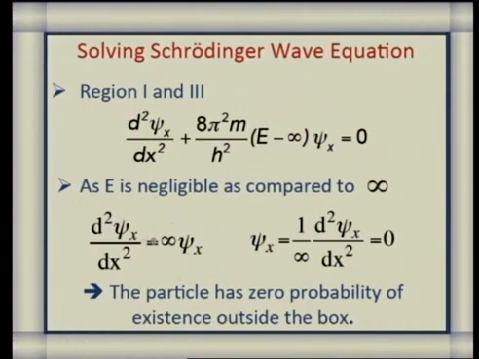And if I take infinity to the left hand side, I get psi x equal to 0. What does it mean? This means that the wave function doesn't exist. That means the wave function is 0 for region 1 and region 3, which is exactly what we want, because we do not want the particle to be outside the box or even on the boundaries of the box, because the potential is infinity. That is exactly what I get from solving the Schrodinger wave equation for a particle in regions 1 and 3.